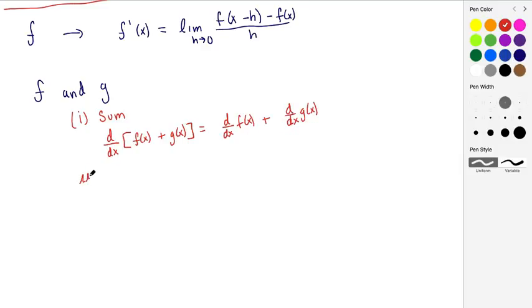The second one that we're going to look at is the difference of two functions.